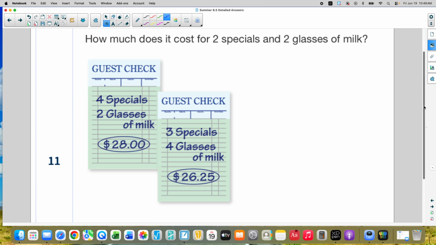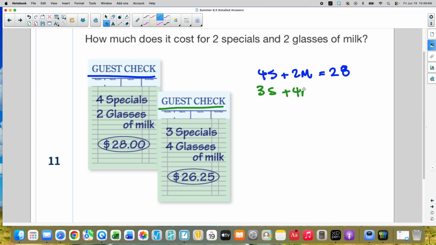How much does it cost for 2 specials and 2 glasses of milk? Same thing. We're going to write an equation. For this guest check, we'll say 4 specials plus 2 milks equals $28. And then we'll write an equation for this: 3 specials plus 4 milks equals $26.25.